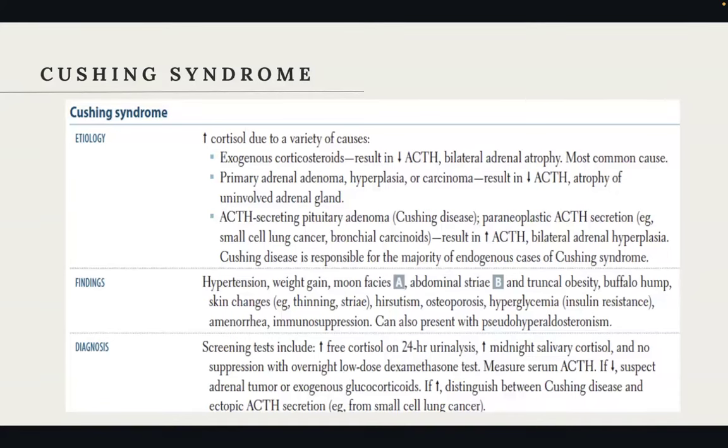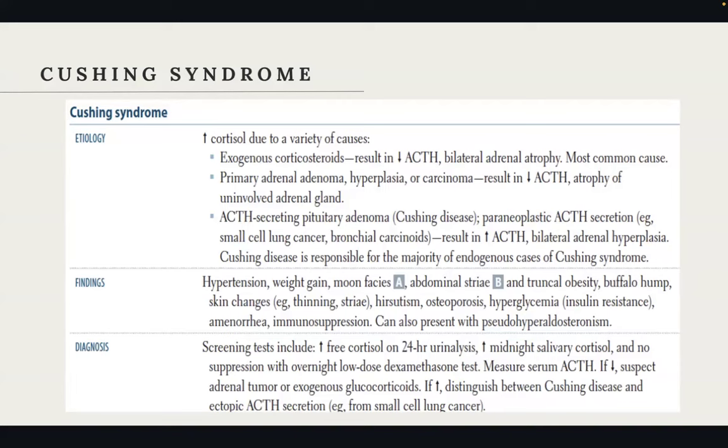So it's going to be fed back to my pituitary and my hypothalamus to cause a decrease in CRH and ACTH. I keep decreasing it in an attempt to decrease this steroid, cortisol, found in the blood, and this is going to result in bilateral adrenal atrophy. Again, it's coming directly from the ACTH.